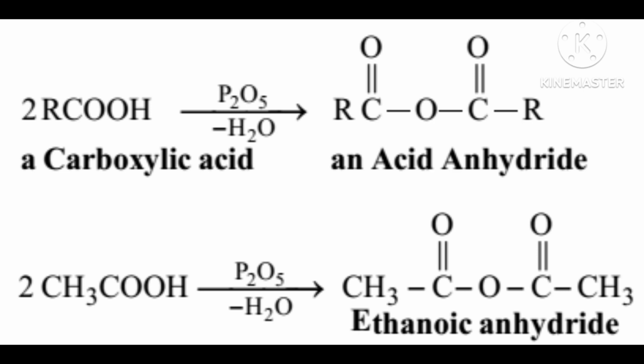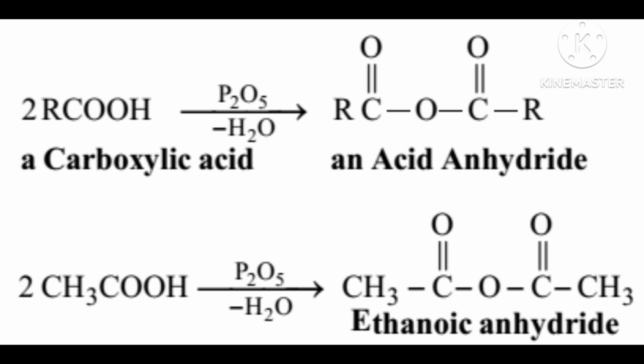Then OH will go as negative, OH minus, and carbon will be positively charged. Correct? Now OH is minus. Then the second OH bond will also break. Actually this carbon-oxygen bond will not break, the O and H bond will break. The bond between O and H will break.